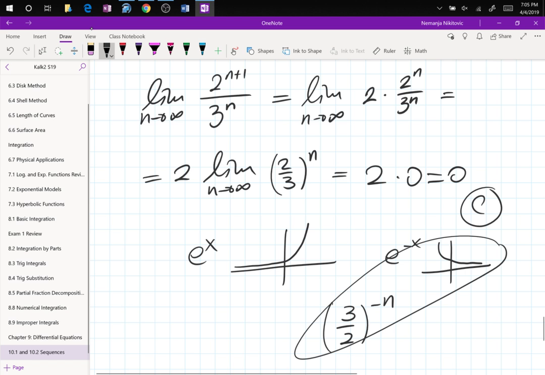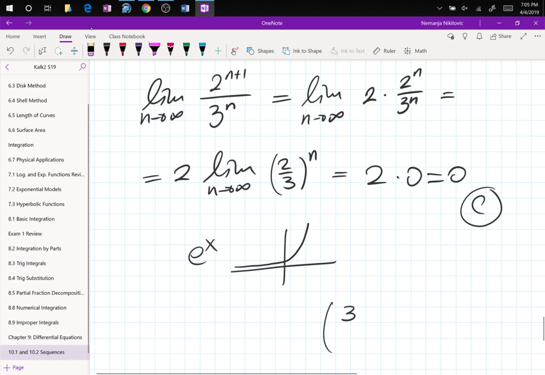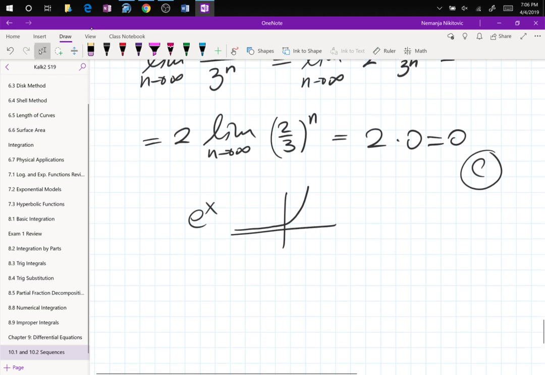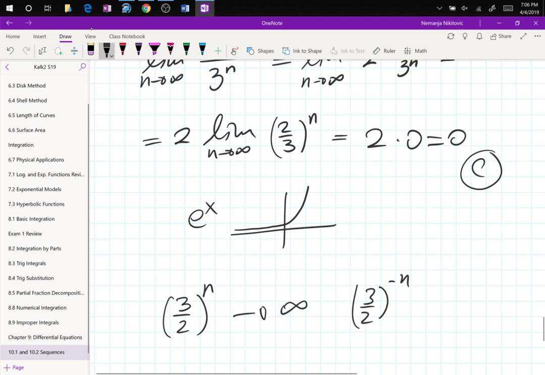You can also use L'Hopital's rule and other things. And it is 2 times 0. So 3/2 to the n, as n goes to infinity, would go to infinity, and 3/2 to the negative n would go to 0.